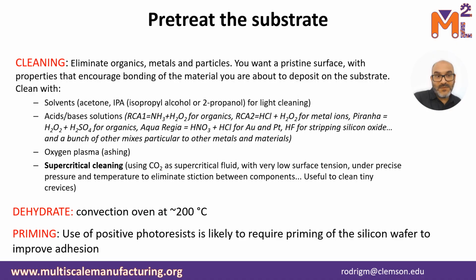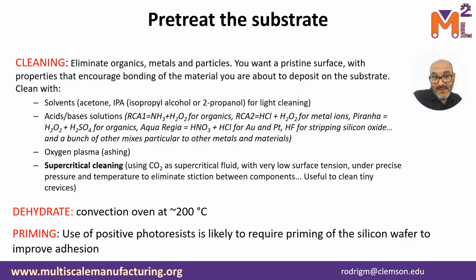Let me go to this one first. So the very first thing, remember, you had to clean your substrate. There will be different ways to actually clean the substrate, right? It can be a whole hour by itself, just talking about cleaning the substrate, but here are a few highlights, right? The most mild will be the use of solvents, right?